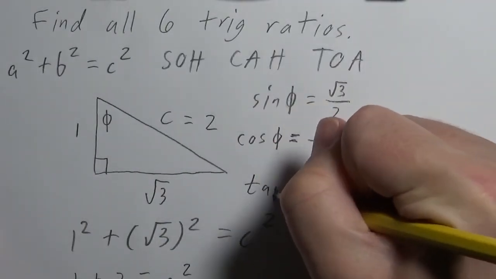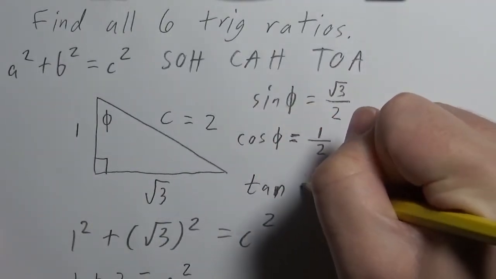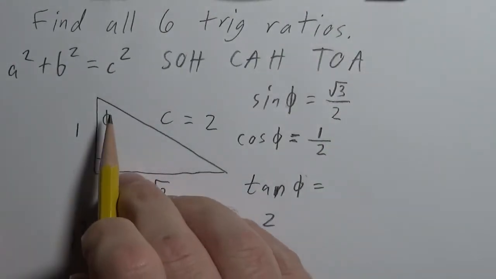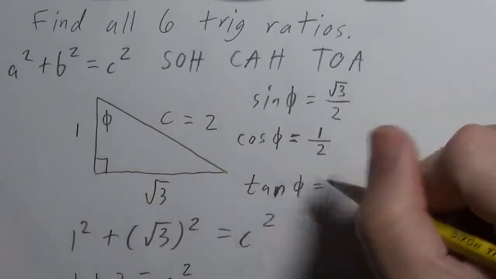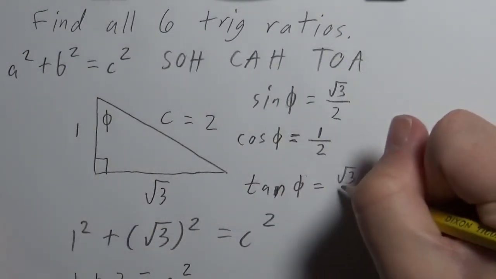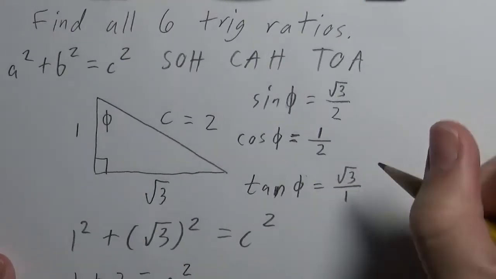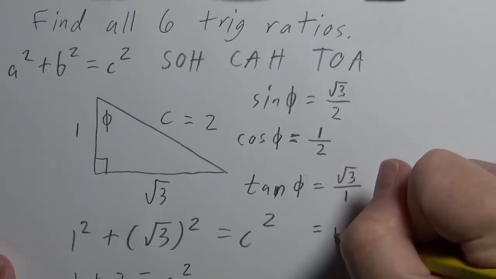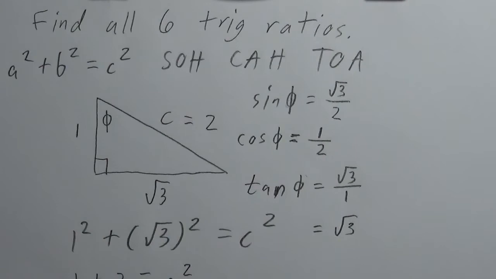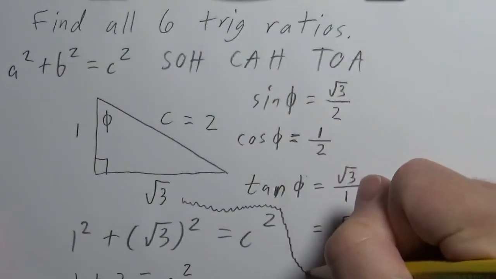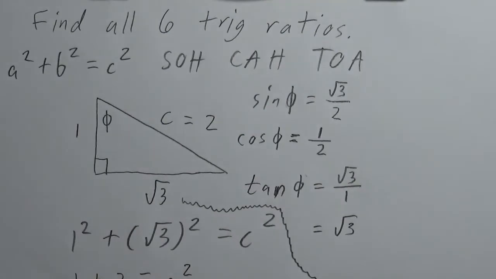Tangent of the angle is going to be the opposite side, which is root 3 over 1, and we don't leave it like that. It's just root 3. So, I'm halfway done.